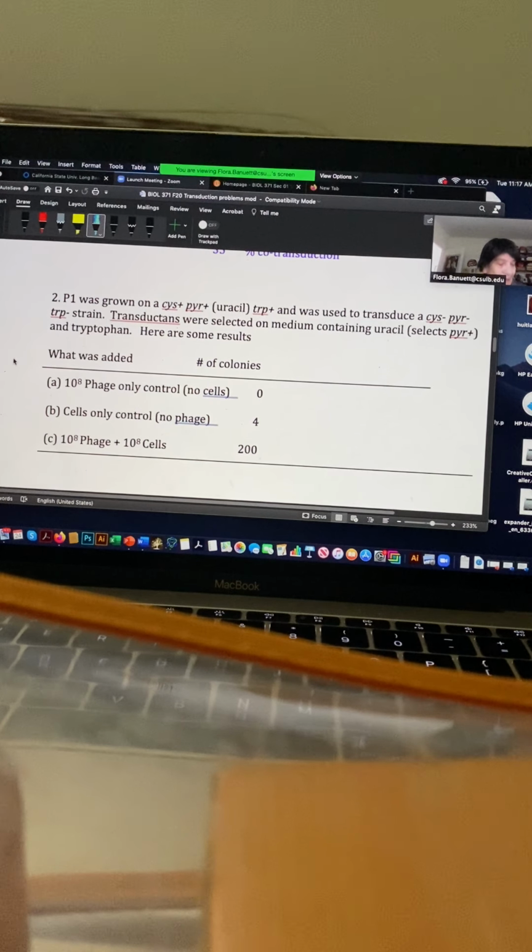Good. So these colonies, what they represent is revertants. Remember that if you plate a lot of histidine minus cells on a plate that has no histidine, you are going to get some revertants. They are very rare, but remember that you're plating here 10 to the 8 or 10 to the 9 cells.